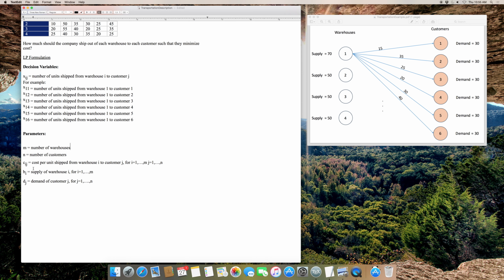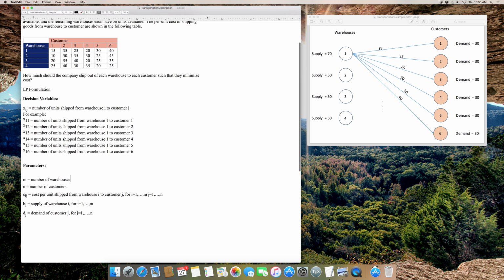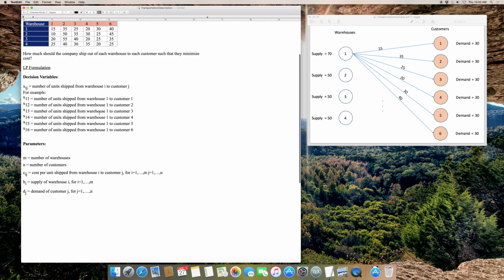I'm also going to define a cost to ship from each warehouse to each customer and denote that Cij for every ij pair. There's going to be 24 Cijs, which are directly populated from this table. Next, I know I have supplies associated with my warehouses, for each warehouse I, for I equals 1 to M, where here M is 4.